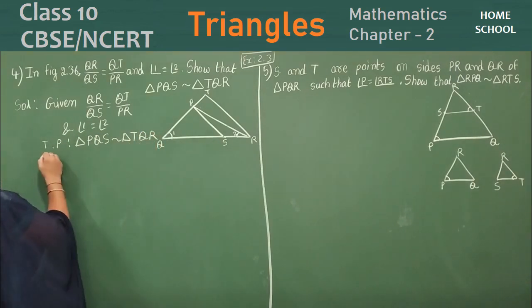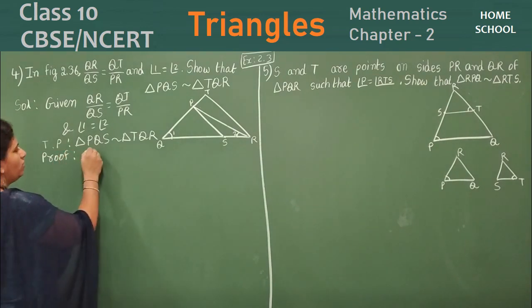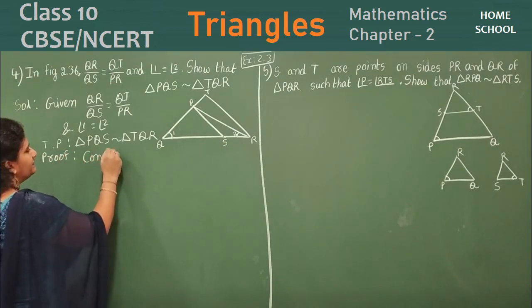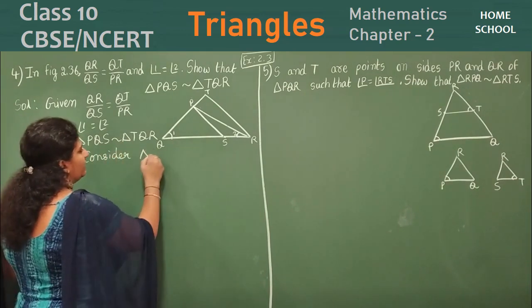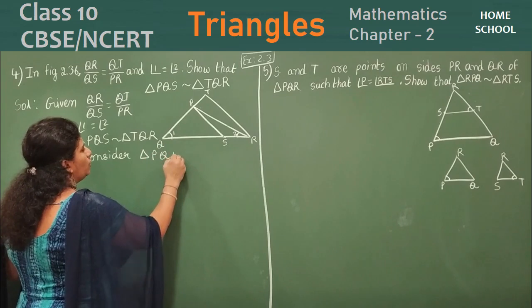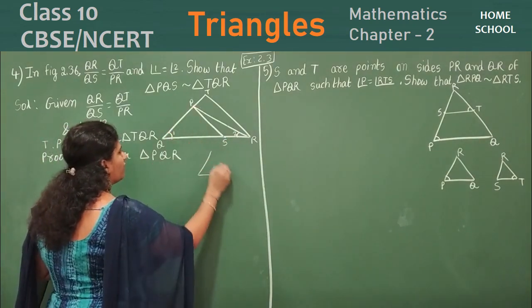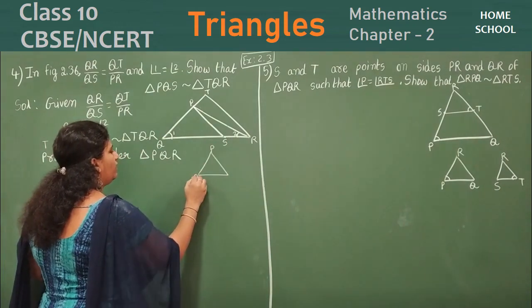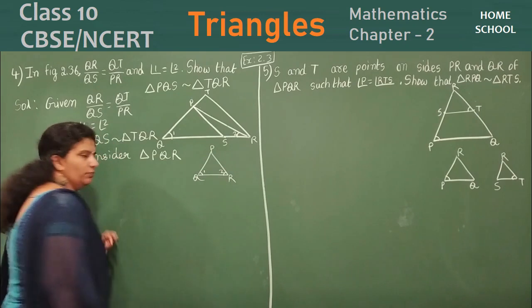Okay, so now how to prove this one? Proof. So consider triangle PQR. See the triangle PQR. Let me draw a rough figure here. PQR. Angle 1, angle 2.